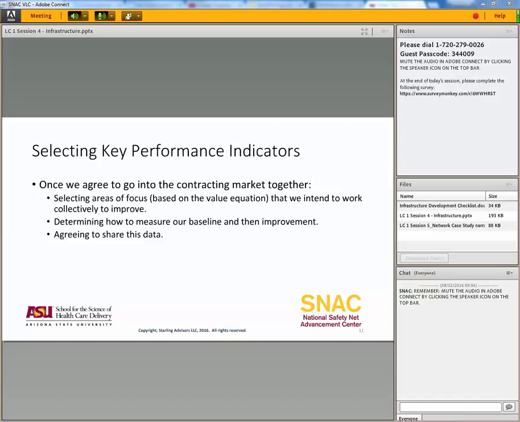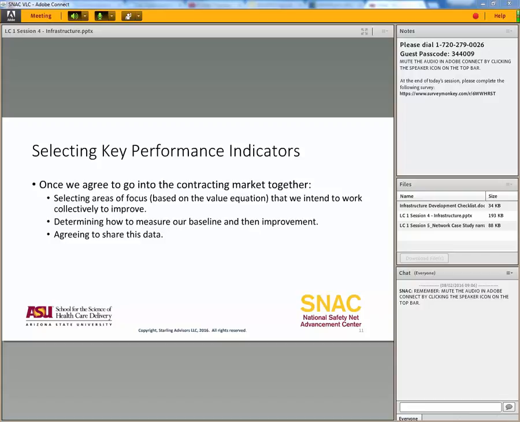And depending on the population you focus on, the disease state you focus on, the geography you focus on, there will be indicators throughout the course of the process that will help evaluate whether you are trending towards accomplishing those broader goals, and those are your performance indicators.